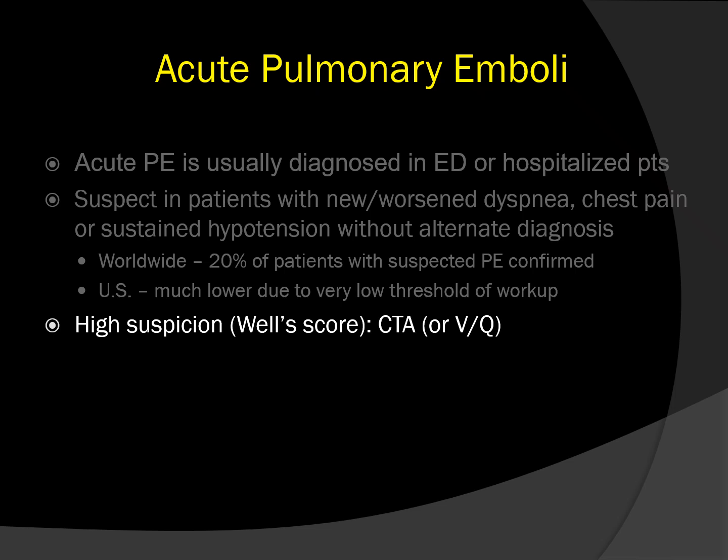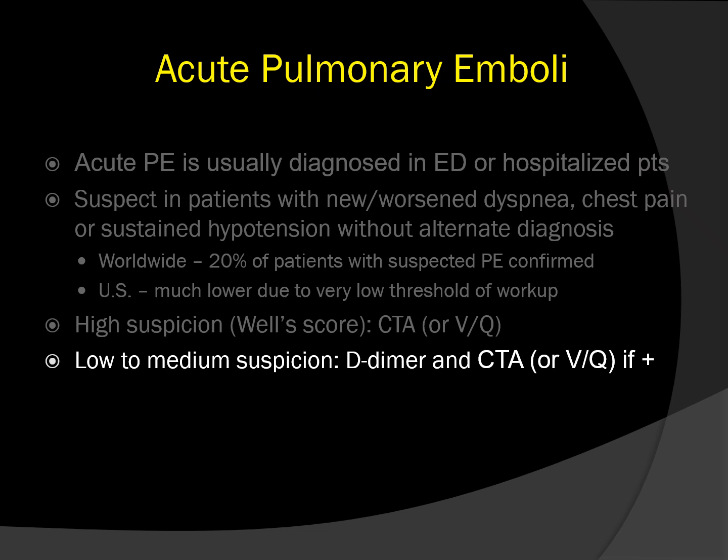But many of these VQ scans come back as low probability or indeterminate, sometimes referred to as intermediate. Patients who have low probability or indeterminate scan results on a VQ scan usually need further evaluation, whether that's with a D-dimer, which may have already been done, or with duplexes of the legs, or a contrast study if that can be arranged, with prophylaxis, or just dealing with the side effects with respect to renal function.